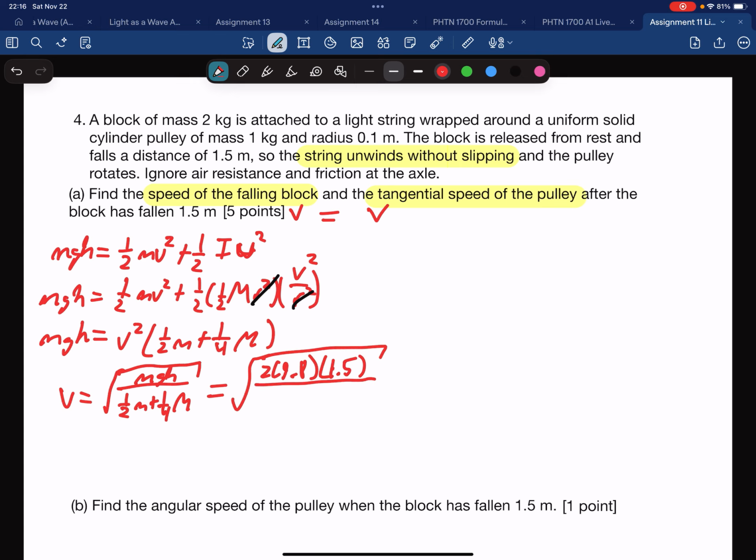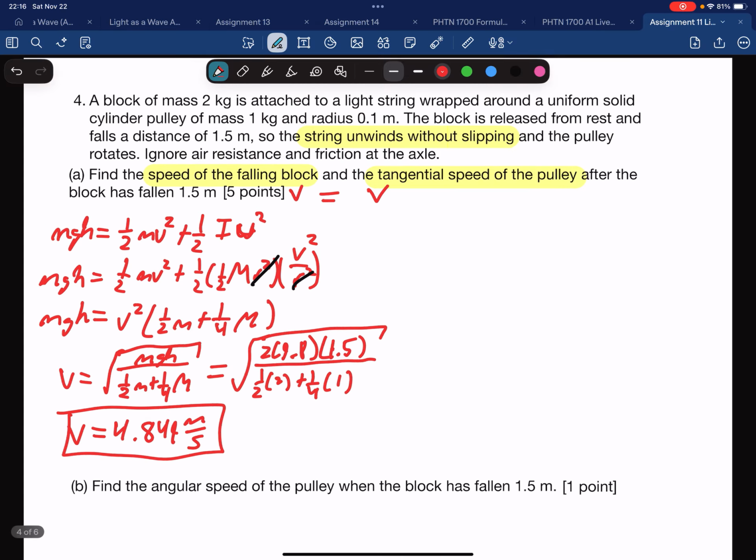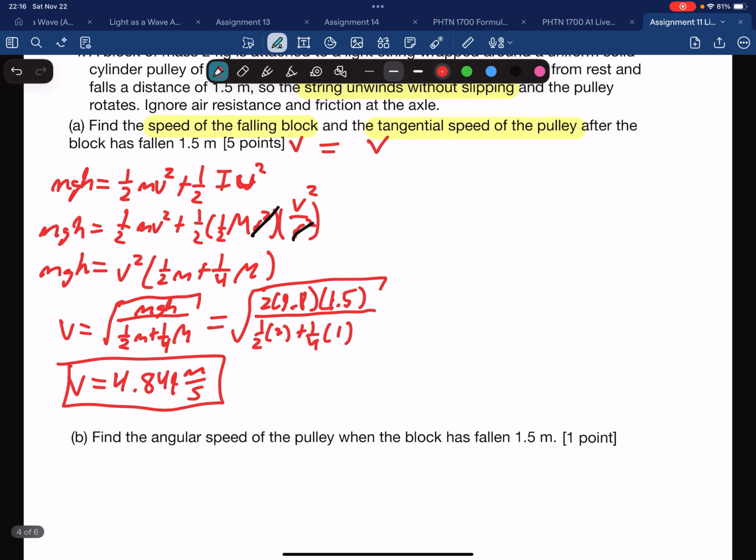On the bottom, I get 1/2 times 2 plus 1/4 times 1. That's v for velocity here. Plugging that all in, I get 4.849 meters per second. And again, that is the speed of the falling block and the tangential speed of the pulley.